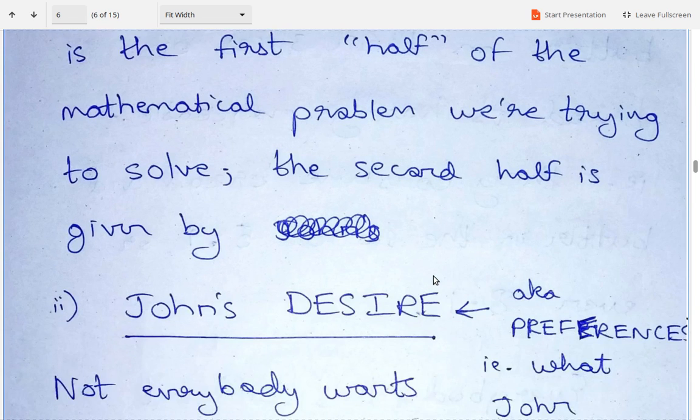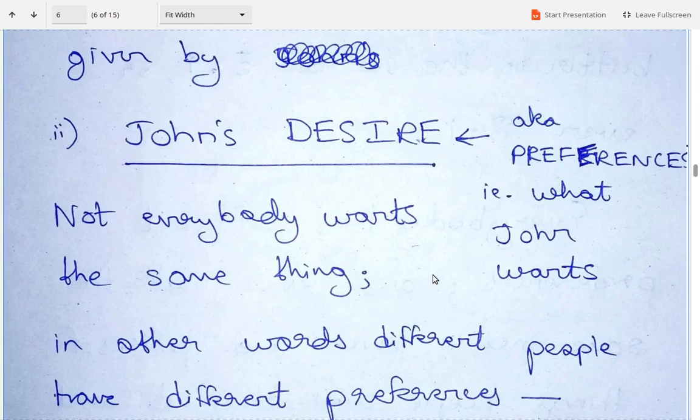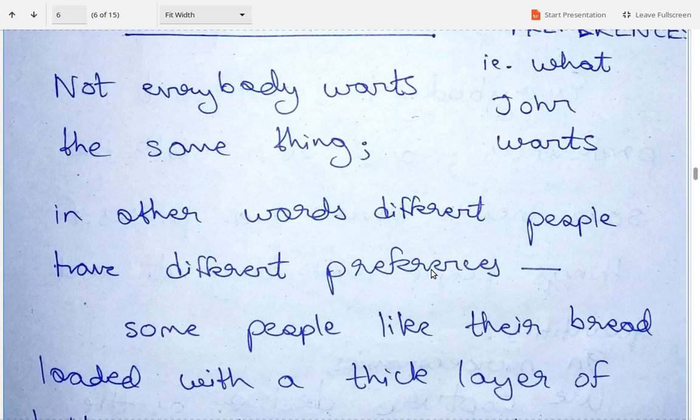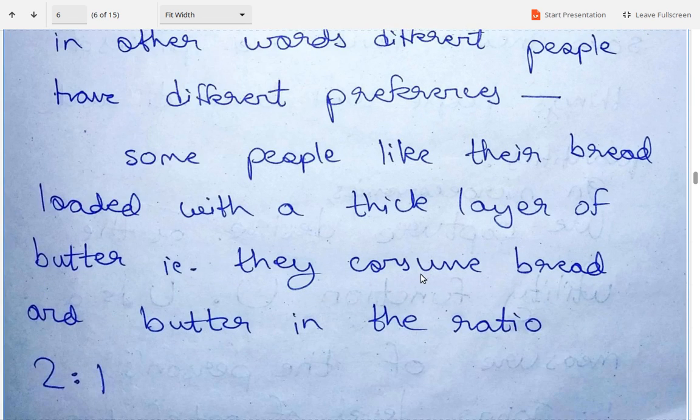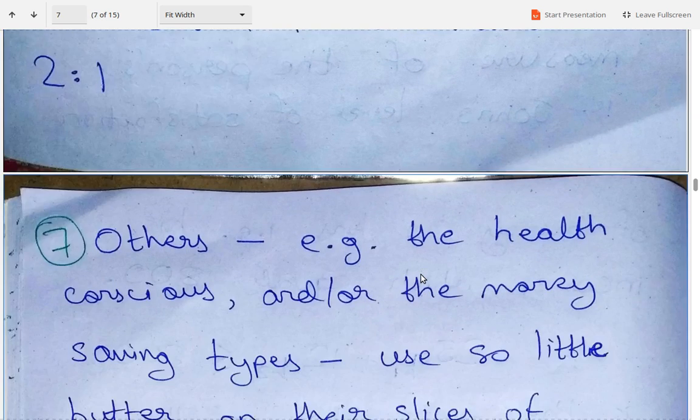The second half is given by John's desire, also known as preferences, that is what John wants. Not everybody wants the same thing. In other words, different people have different preferences. Some people like their bread loaded with a thick layer of butter. That is, maybe they consume bread and butter in the ratio 2:1.